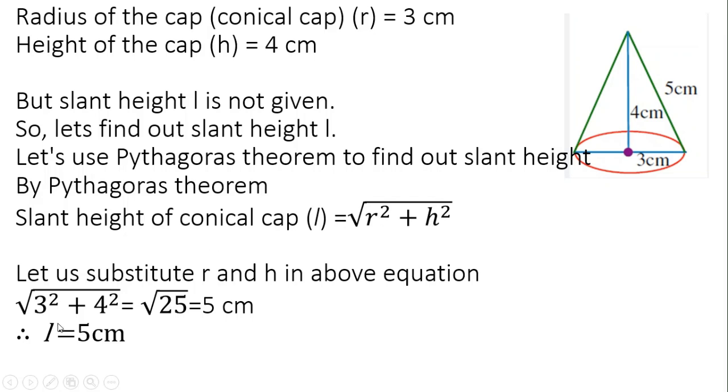So slant height is equal to the square root of 3 square plus 4 square. 3 square is 9, 4 square is 16. If we add both, it becomes 25. Square root of 25 means 5 centimeters. We have found the slant height of the cone l as 5 centimeters.